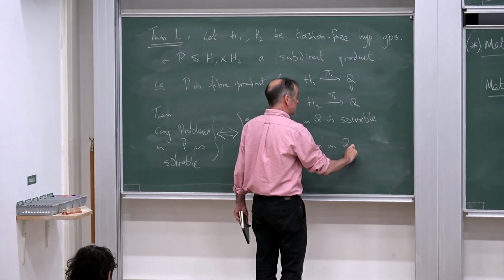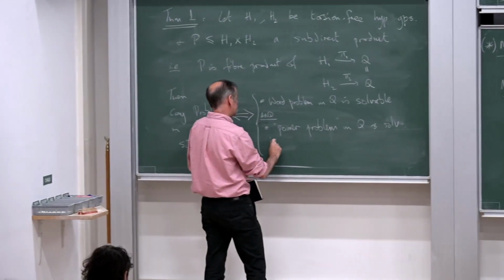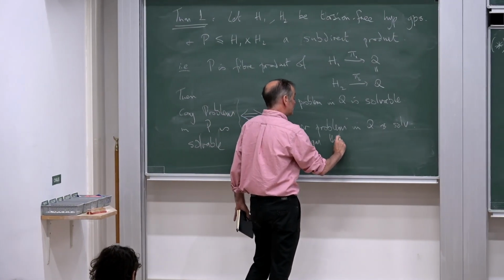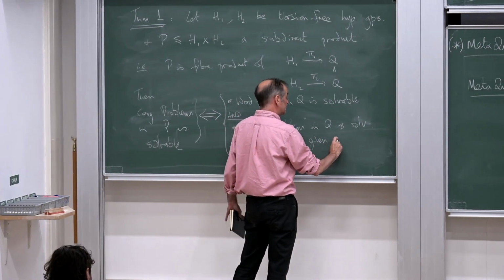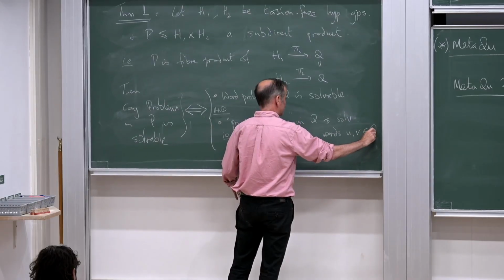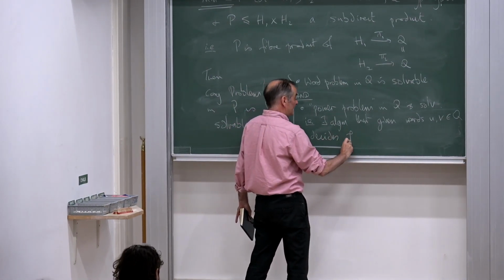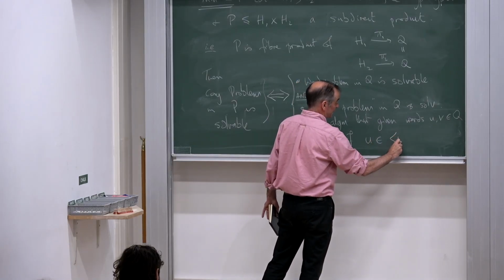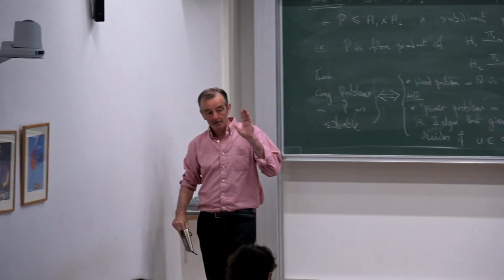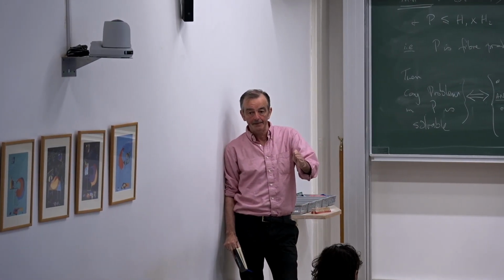The power problem in Q is solvable, i.e., there exists an algorithm that, given two words in the generators, U and V, thought of as elements of Q, decides if U is in the subgroup generated by V. So there's a uniform solution to the membership problem for cyclic subgroups in this quotient Q.